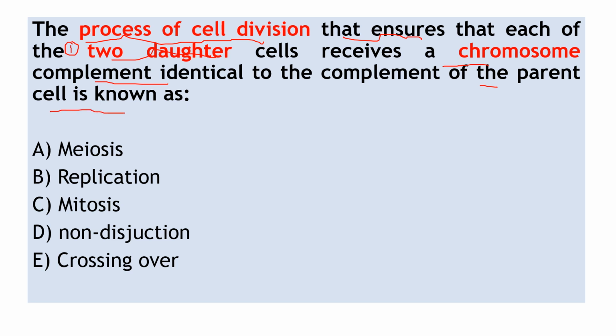Okay, so here we have 2 daughter cells. This is a key piece of information. If it was meiosis, you would have 4 daughter cells. The second important piece of information is that they receive a chromosome complement identical to the parents. So again, they're showing you that this is not meiosis, because in meiosis you will receive half the number of chromosomes.